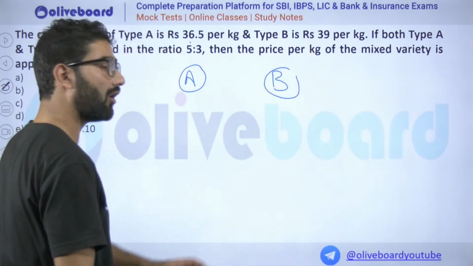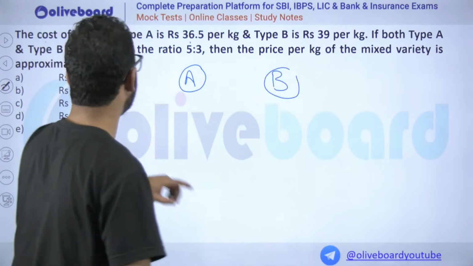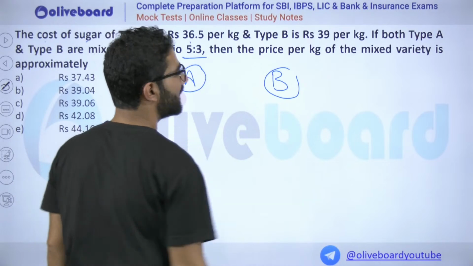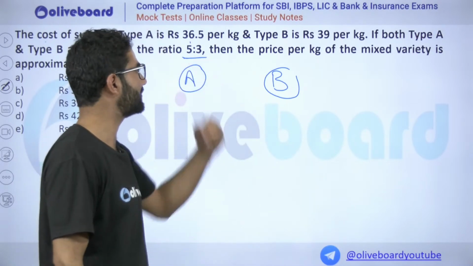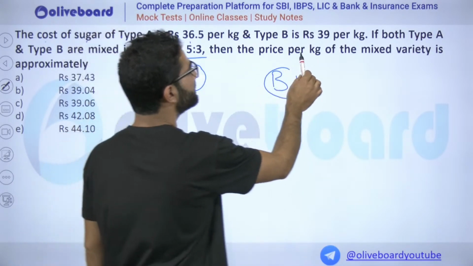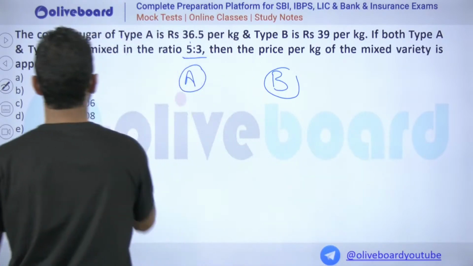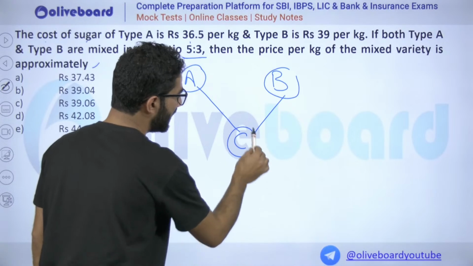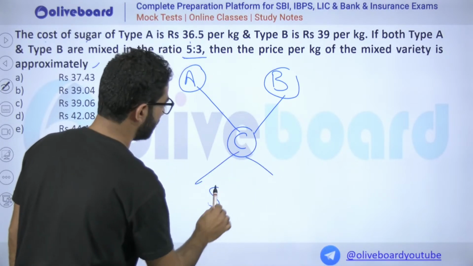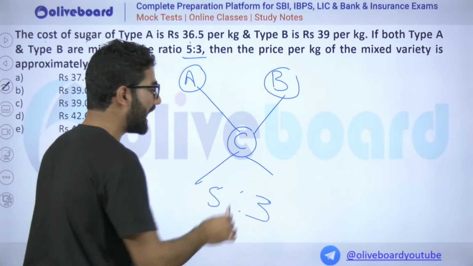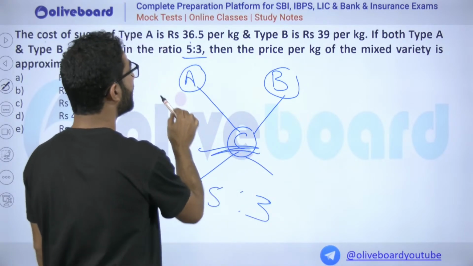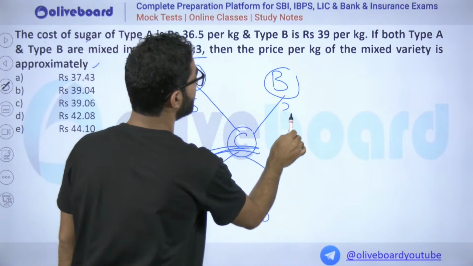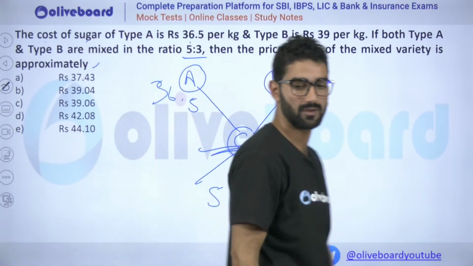Both type A and B are mixed in a ratio of 5:3 to form a mixed variety C, and I have to calculate the cost per kg of the mixed variety. Cost for type A is 36.5, and for type B is 39 rupees per kg.